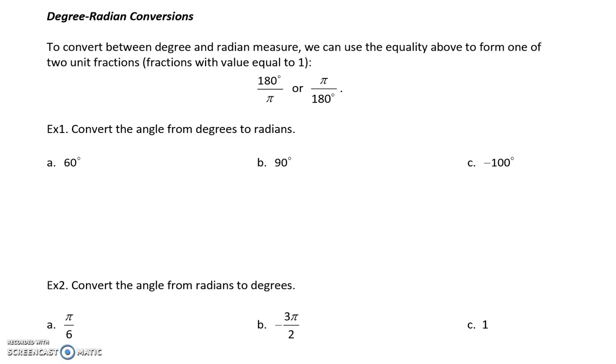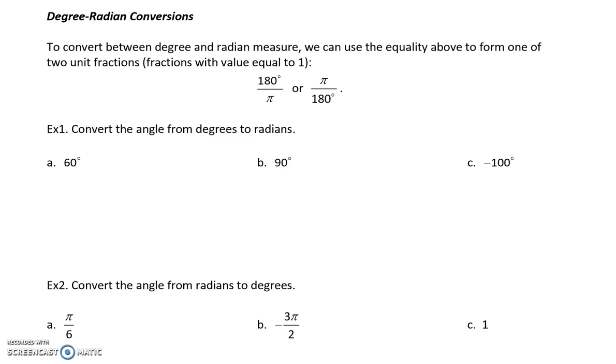So we can use the equality above, that is 180 degrees equals pi, to form one of two unit fractions. A unit fraction is a fraction whose value is equivalent to 1. We can either write 180 degrees over pi or pi over 180 degrees. Now neither of those fractions looks like it has a value of 1, but that's exactly what its value is, because the numerator and denominator represent the same angle measure, just in different units of measure.